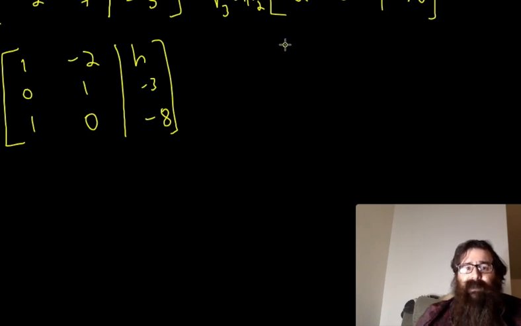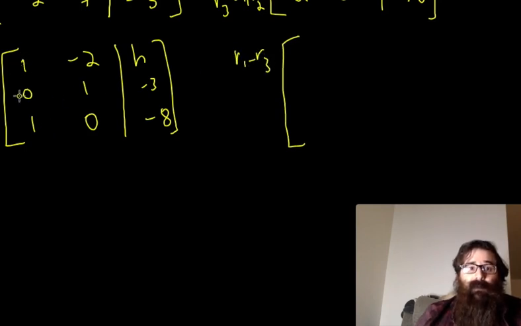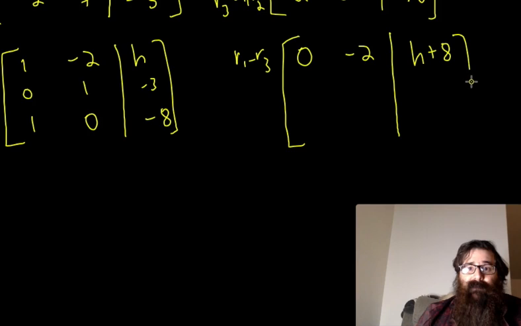So one of the first things I could do is replace row 1 with row 1 minus row 3. So I get 1 minus 1 gives me 0. -2 minus 0 gives me -2. And then augmented with h minus -8, which is really h plus 8.